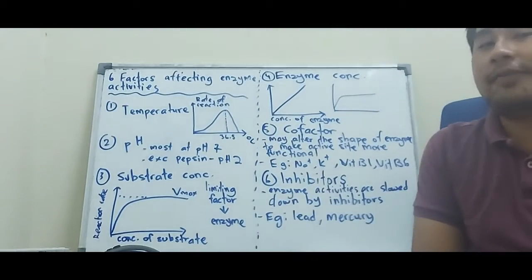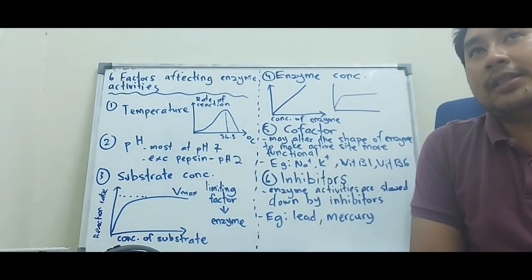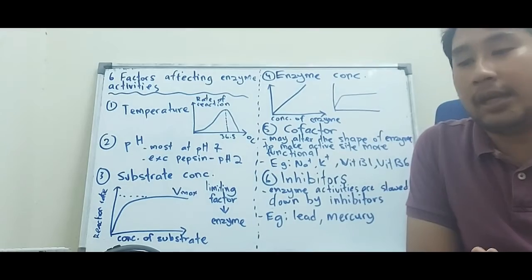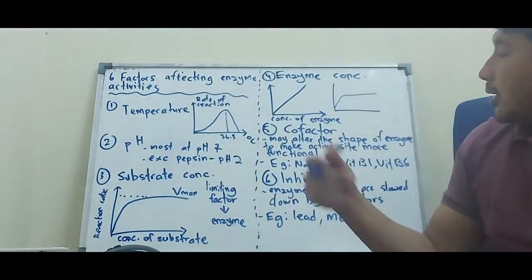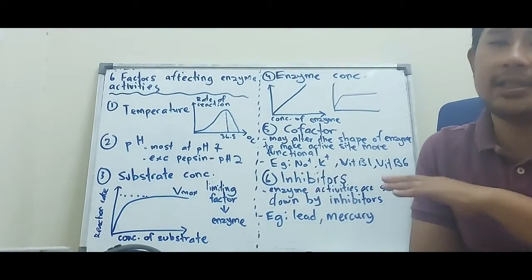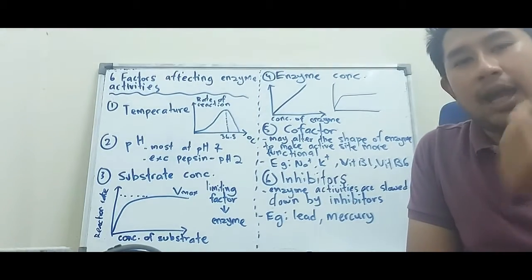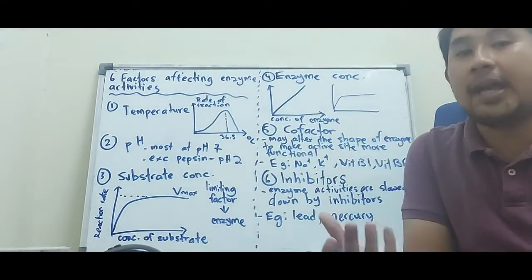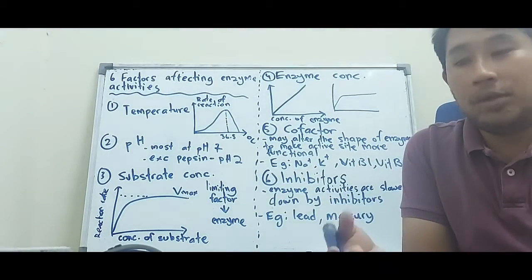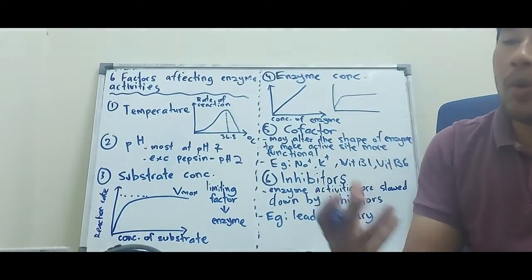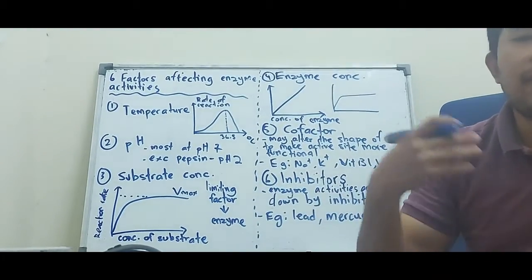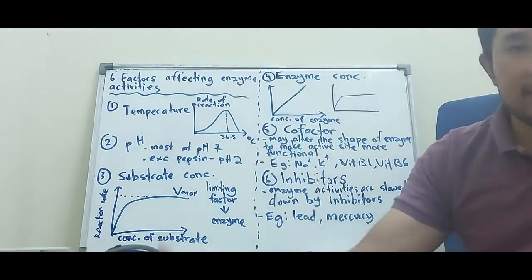Okay, and then number 5, cofactor. A cofactor is like a helper and assistant. It is any substance that can alter the shape of the active site of the enzyme, so that the enzyme can work more effectively and faster.